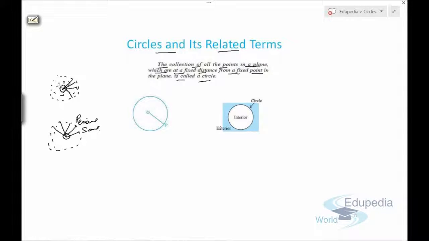In a circle we have the exterior, which lies outside the circle, like you can see in the blue shaded area, and we have the interior of a circle, inside the circle.